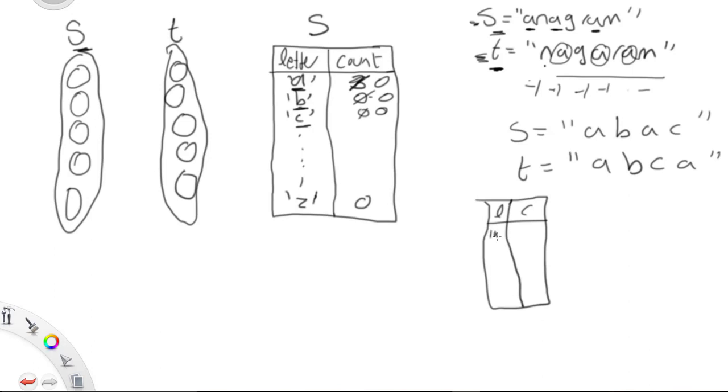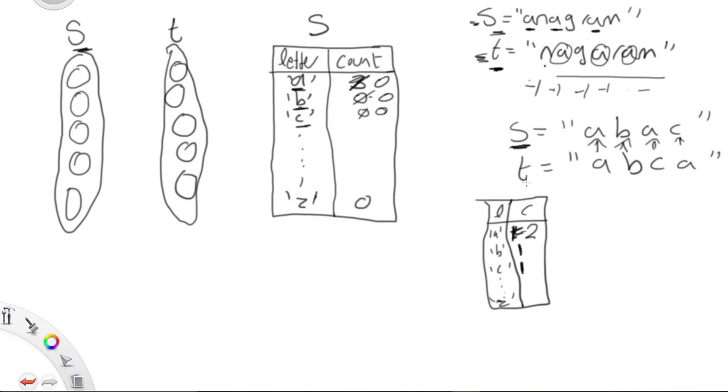So let's say A, B, and C; we don't need all the letters to Z, but we can also add them if you want. I start by handling S first. There's an A, so 1. B, so that's a 1. A, so there's already a 1 here, so I change that to 2. I add 1 on it. C, I make this 1.